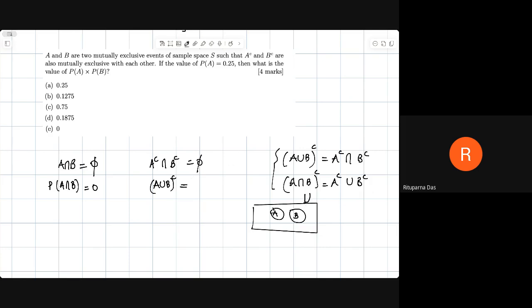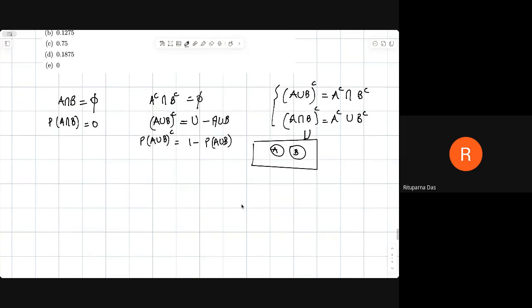So A union B complement is U universal set minus A union B, which is, when we take probability of A union B whole complement, we have 1 minus P of A union B, right?